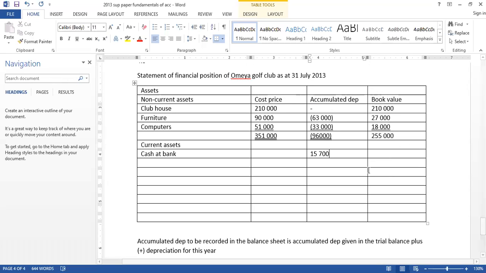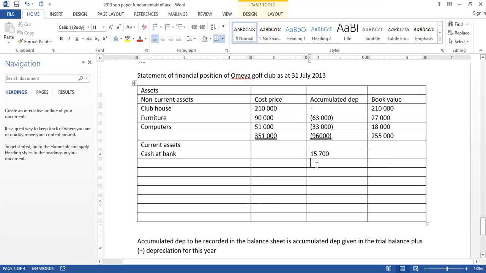So we are just going to use the two columns, but it's not a must. If you recorded in the second column, you won't be penalized because of that. So you have cash at bank at 15,700.